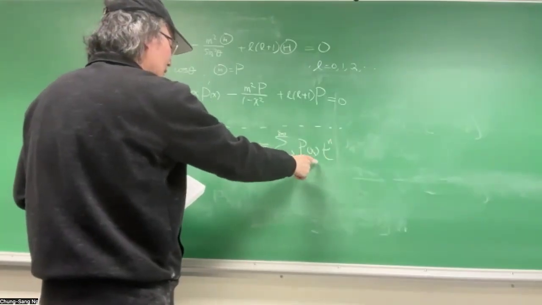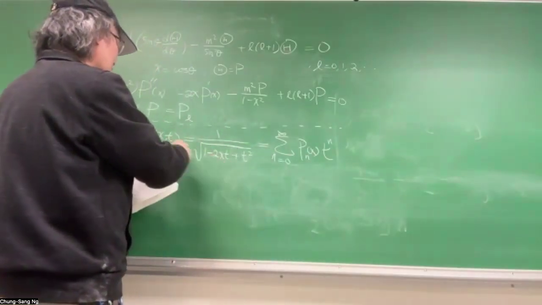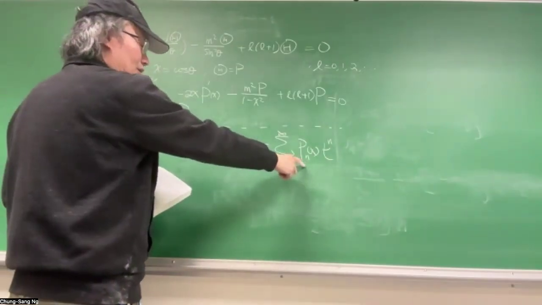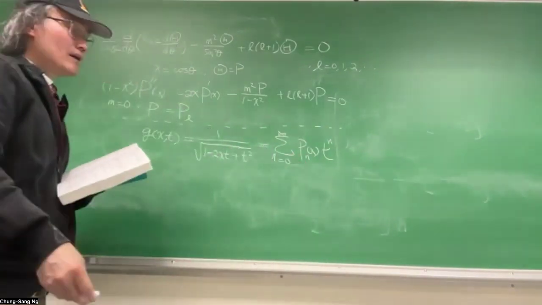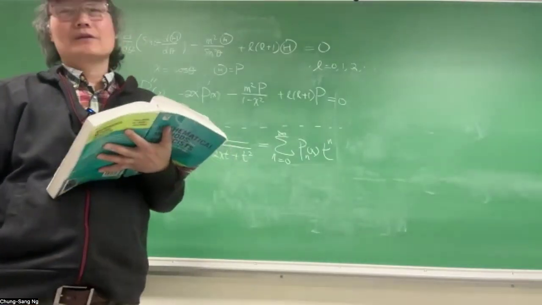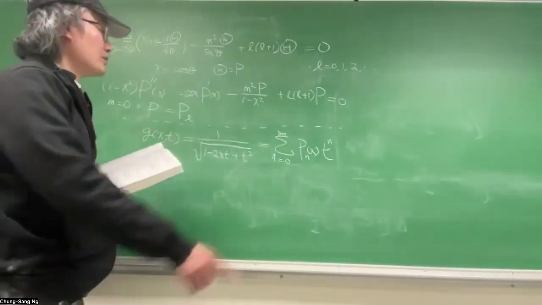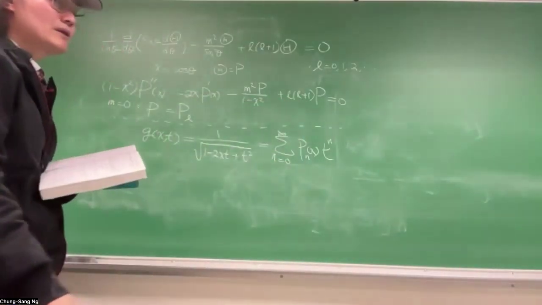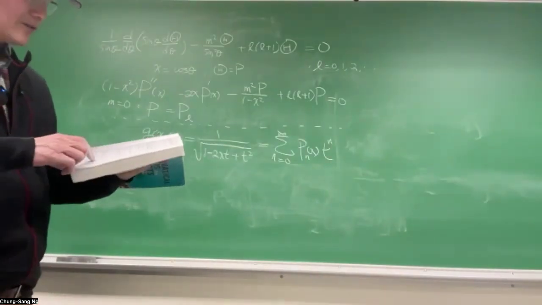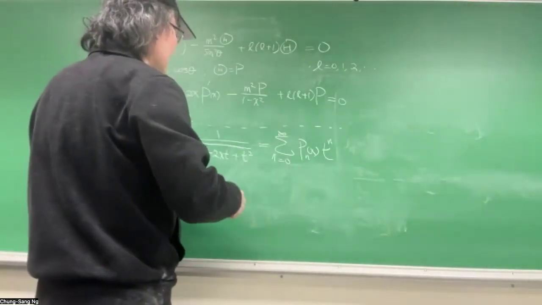P sub n is a function of x, and by expanding the generating function in both t and x, we get the power series expansion of P sub n. Once we get that power series expansion, we compare it with what we got from the ODE chapter, the power series solution for the Legendre equation, which we did before, using the condition to truncate the series. Comparing with that expansion, we convince ourselves they are the same, and so this is actually what we defined before.